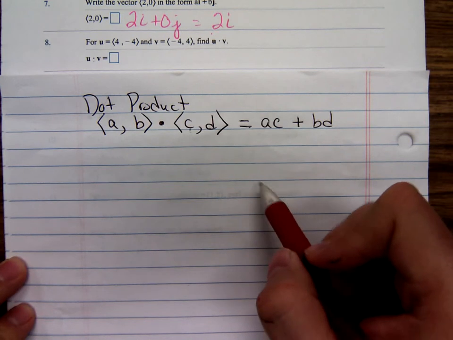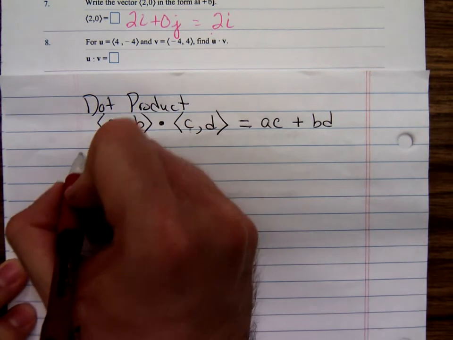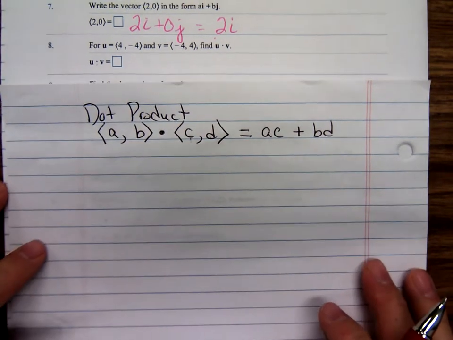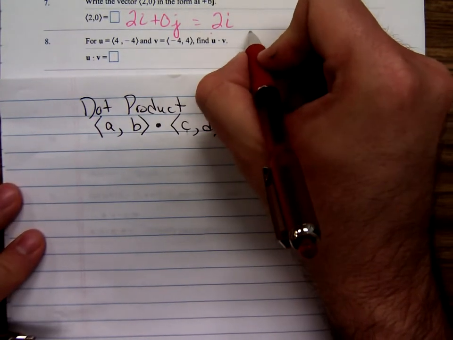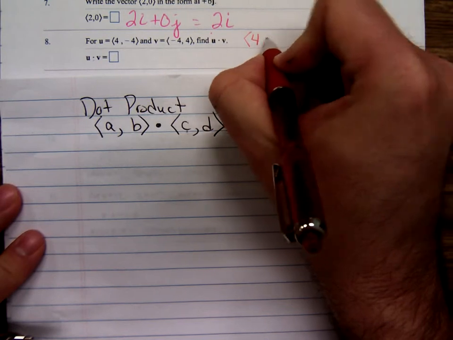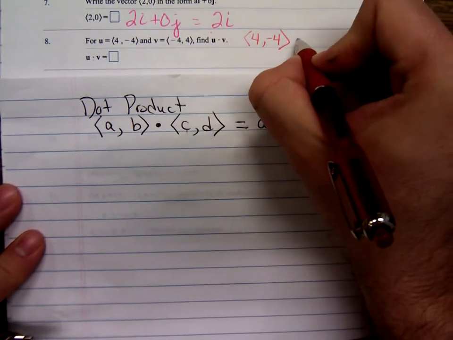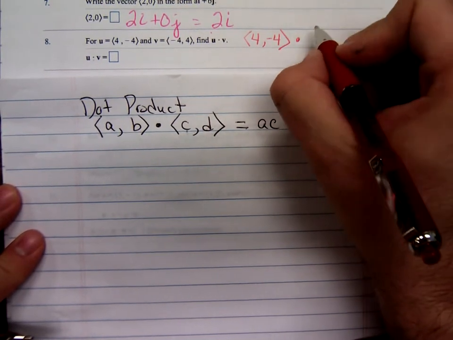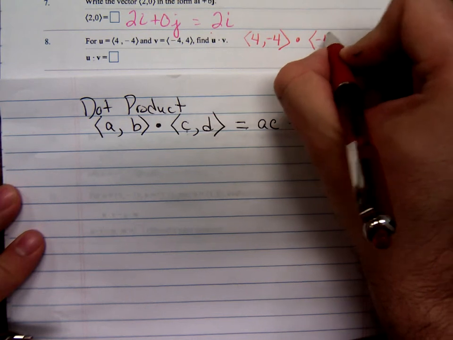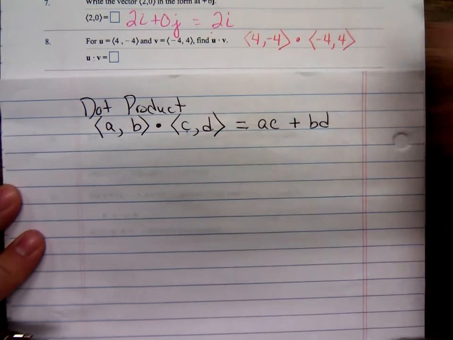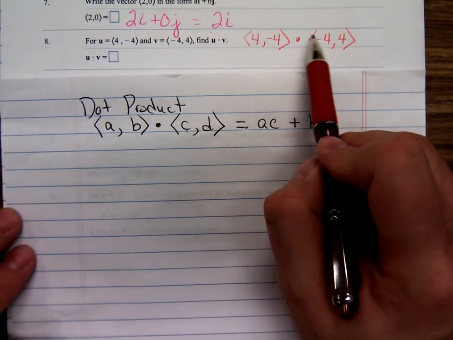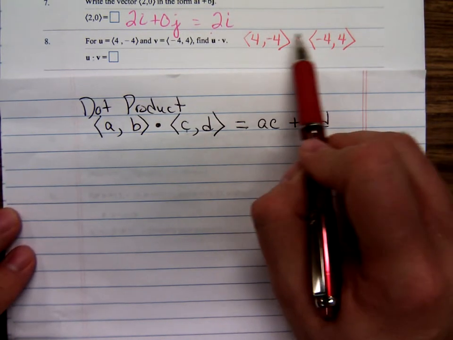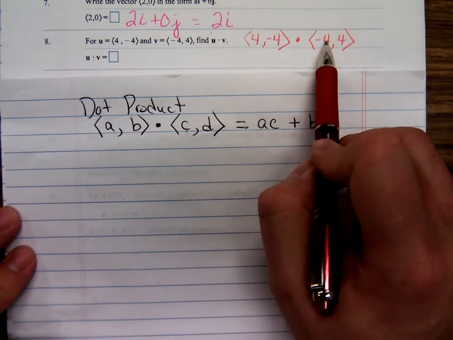On number 8, I'll just write it right here. It's U dot V. You multiply the x's. This isn't a great first example to begin with, is it?